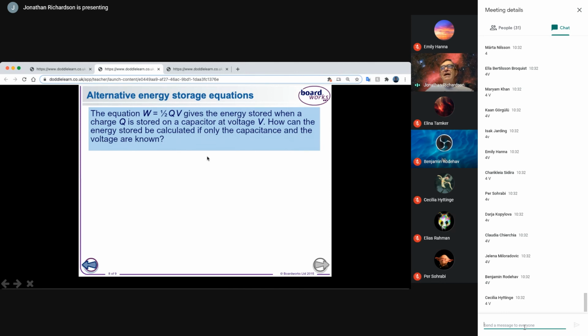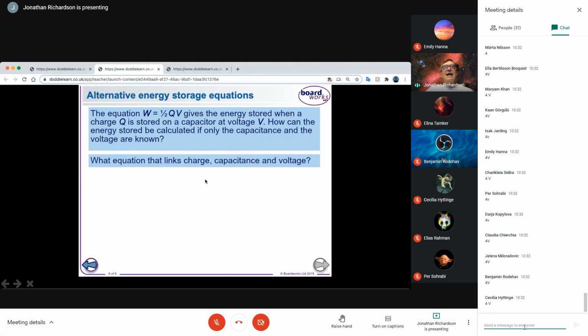Well, what we have to consider is how we link charge, capacitance, and voltage. And if you remember the capacitor equation that we had right at the beginning says Q equals capacitance times voltage. The quantity of energy stored, the charge inside a capacitor, is its capacitance times its voltage.